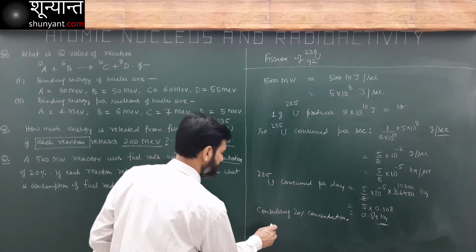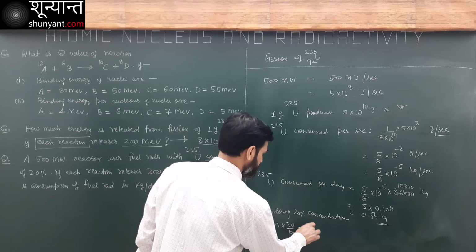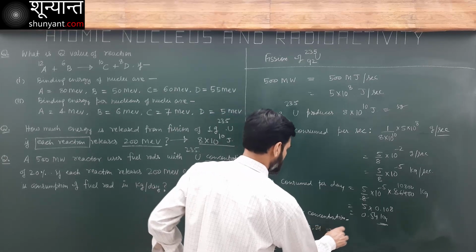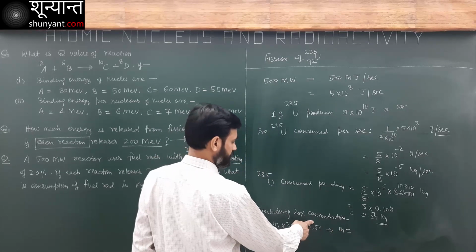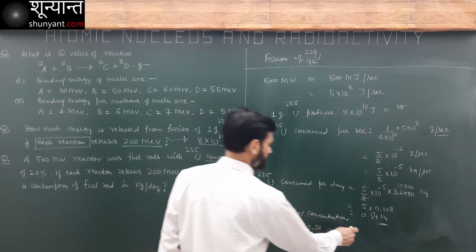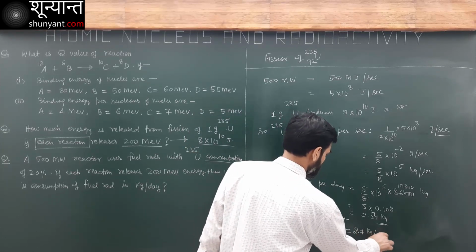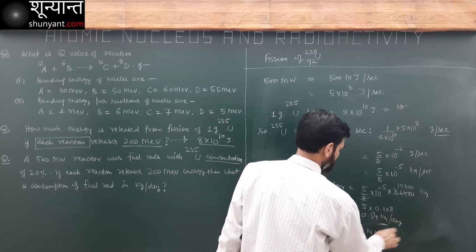Let's say that it is M, so M times 20 over 100 is equal to 0.54. That means M will be equal to, multiplied with 100, this becomes 54 over 20, which is 2.7 kilograms per day.